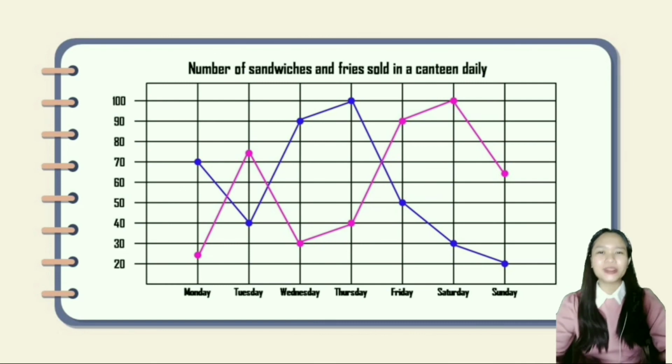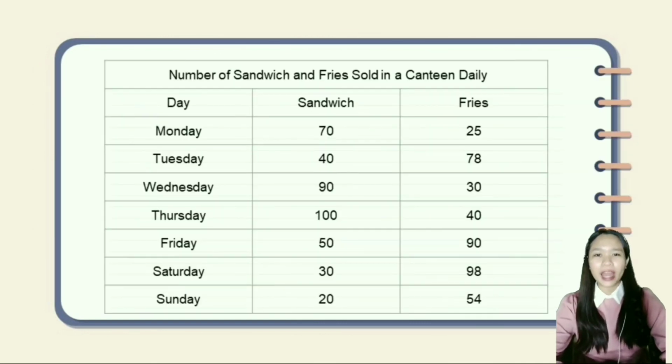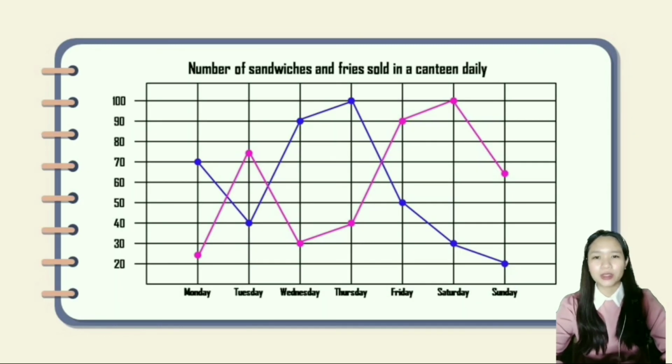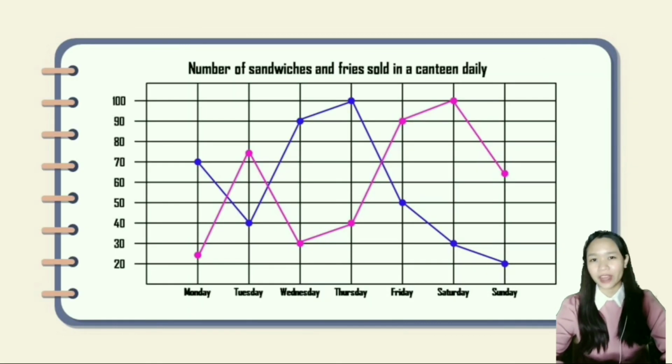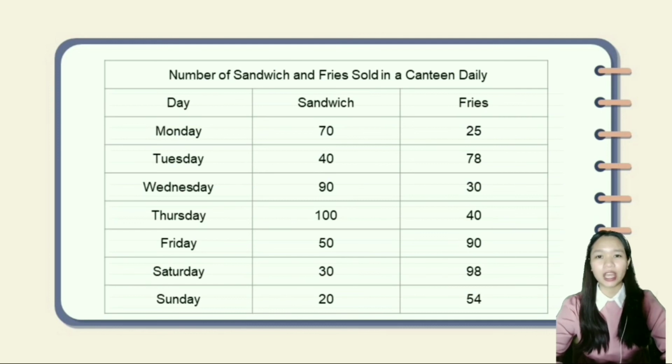Correct, next to 40. On Friday, the fries sold was 90. So where are we going to plot a point? Correct, next to 90. On Saturday, how many fries were sold? Correct, 98. So where are we going to plot a point? Correct, in the middle of 90 and 100. On Sunday, how many fries were sold by the canteen?